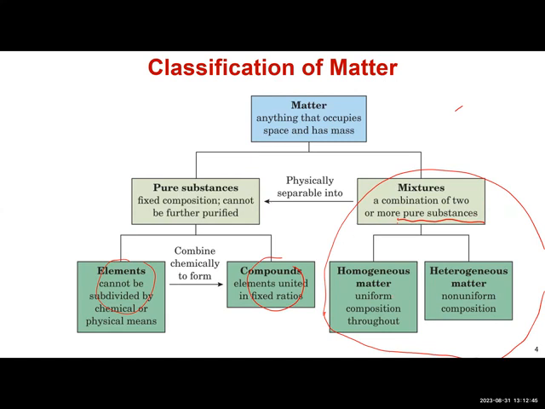Some of the mixtures are homogeneous because they are distributed uniformly, equally in the sample. Heterogeneous mixtures show non-uniform composition. There are concentrations of different regions in the mixture, showing they are not homogeneous.